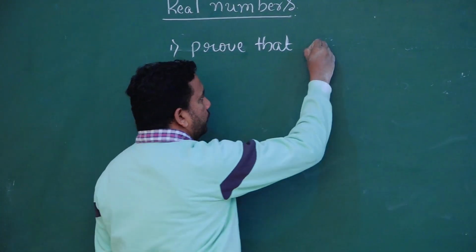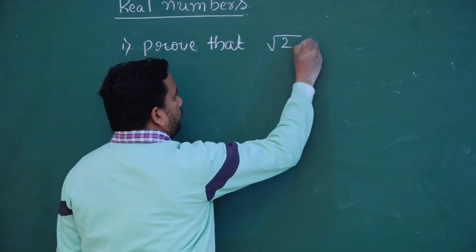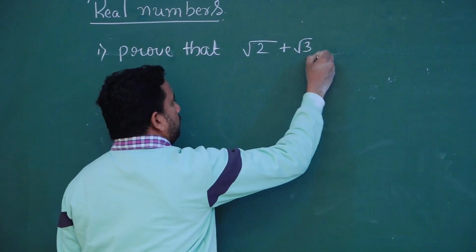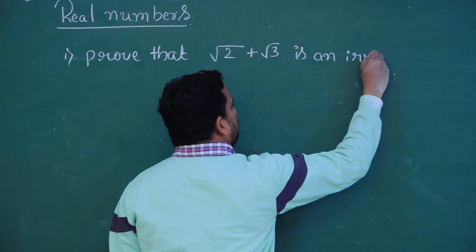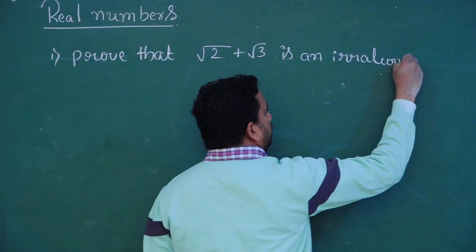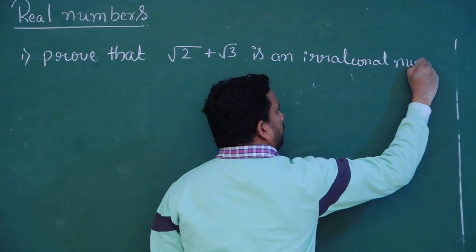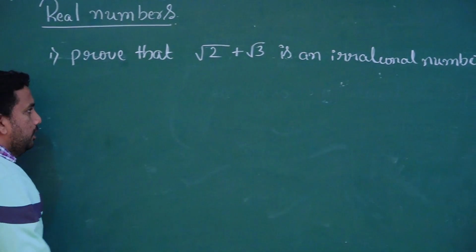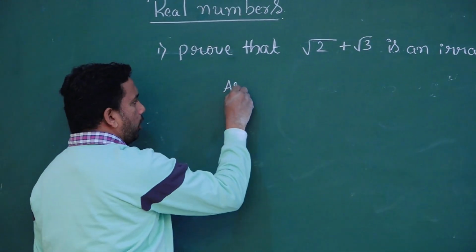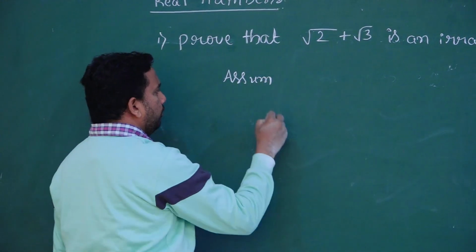Prove that root 2 plus root 3 is an irrational number. Here also we follow the same procedure as for every such proof.